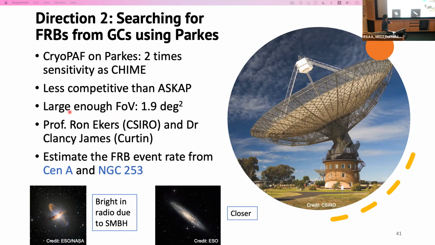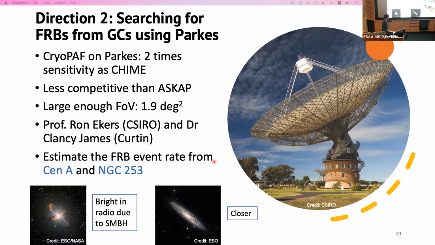And also it has a large enough field of view, which is 1.9 square degrees. For this project, I'm collaborating with Ron and Clancy, who are from CSIRO and Curtin. We're trying to maybe write a proposal or do science commissioning with Parkes data.